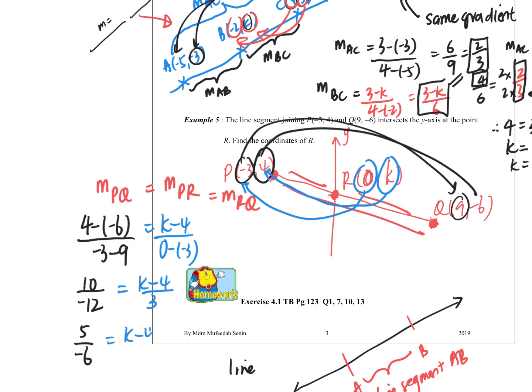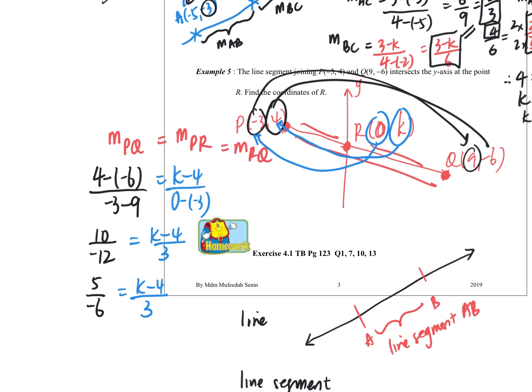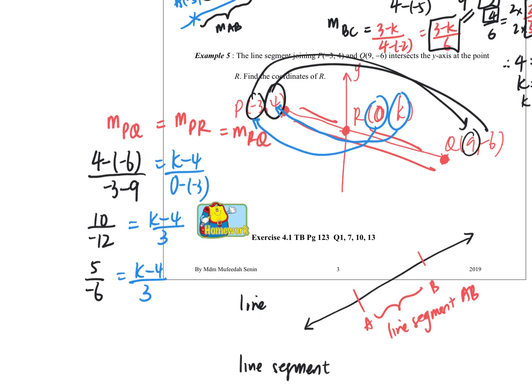So how do I compare these two? They are side by side already. So what should I do to make them the same? Same bottom. So times negative 2. Okay?